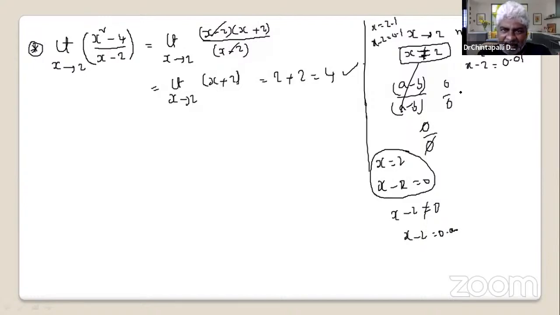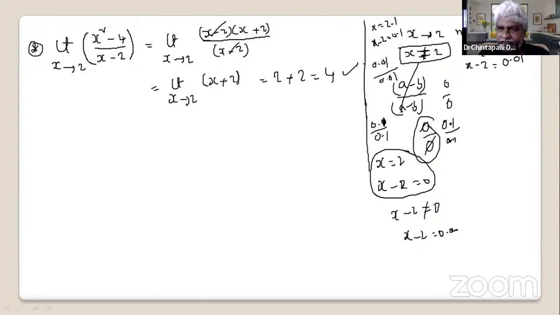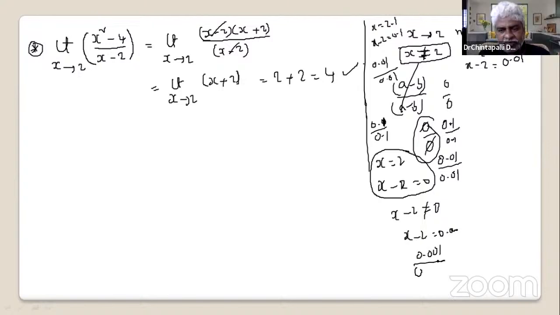So here we are not cancelling 0 by 0. As x tends to 2, we are cancelling 0.1 by 0.1, or 0.01 by 0.01. We shouldn't cancel 0 by 0, but we are allowed to cancel 0.1 by 0.1, 0.01 by 0.01, and 0.001 by 0.001. This cancellation is right.